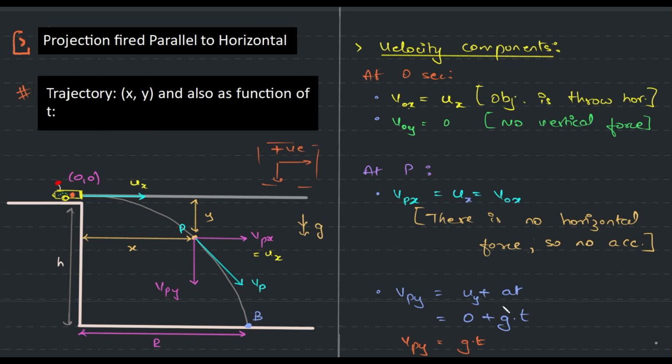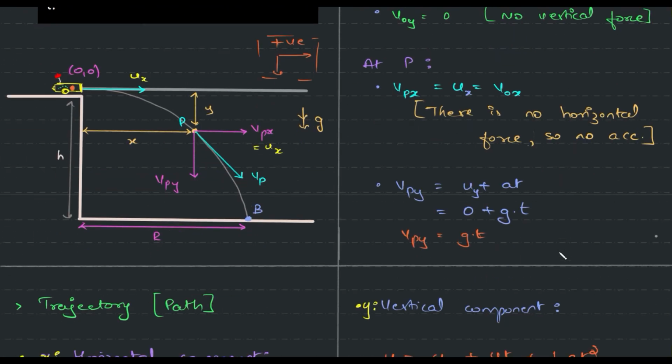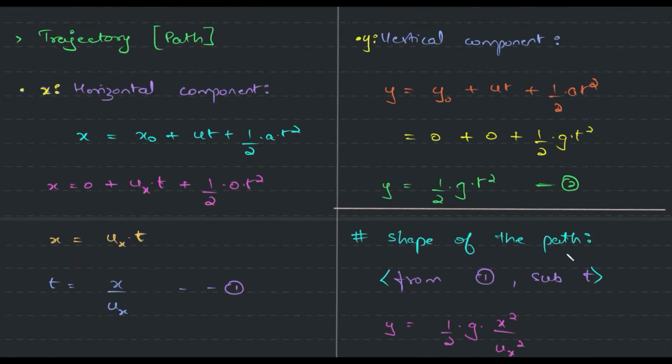but part by part, right? Along the x-axis, along the y-axis, and so on. Then we took the help of velocity to get an expression for x and y. Okay, so we ended up with x being u of x into t and y being half g t square. These two will give us what is happening with the particle at a given moment of time.